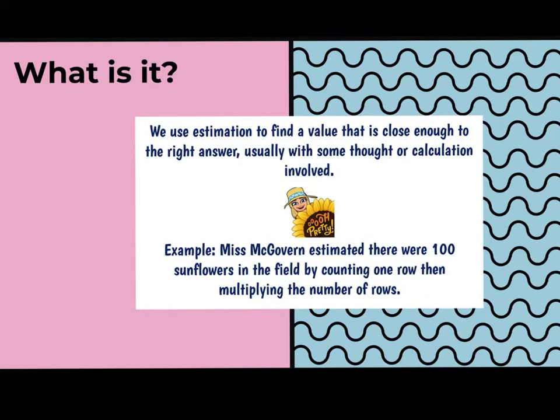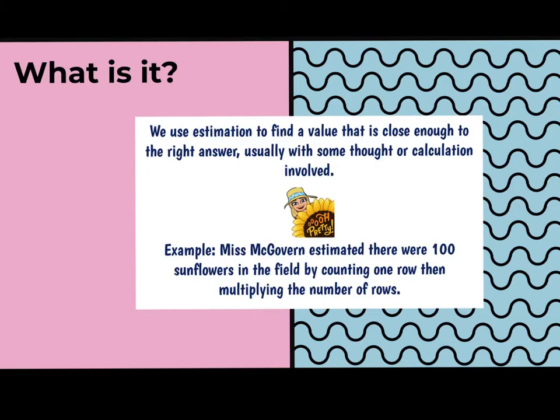For example, Miss McGovern estimated there were 100 sunflowers in the field by counting 1 row, then multiplying the number of rows. If I could see that there are around 10 rows and 10 sunflowers per row, I can try and make a calculated decision that it's probably going to be around 100.